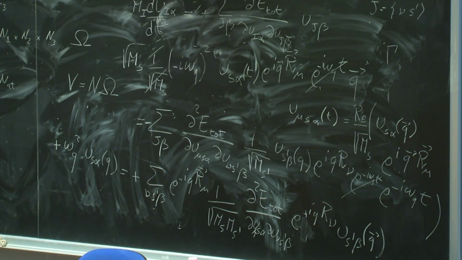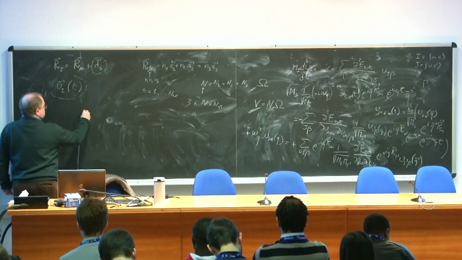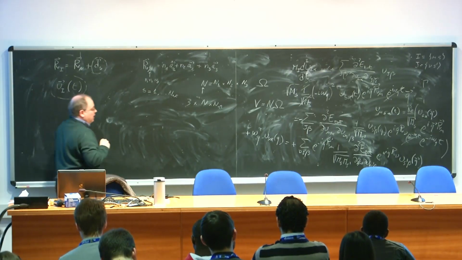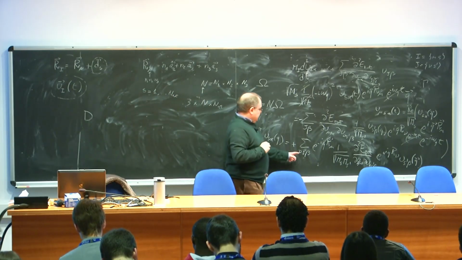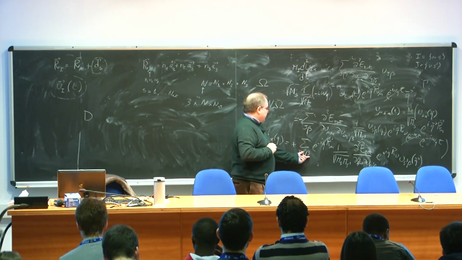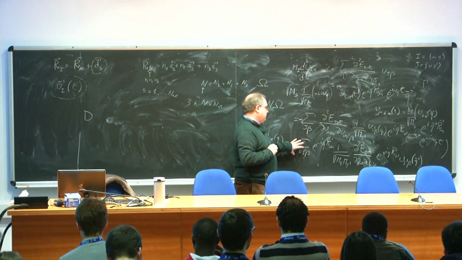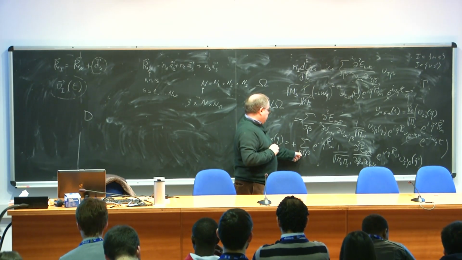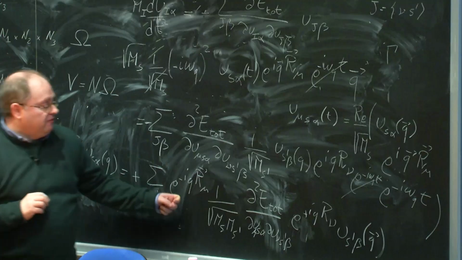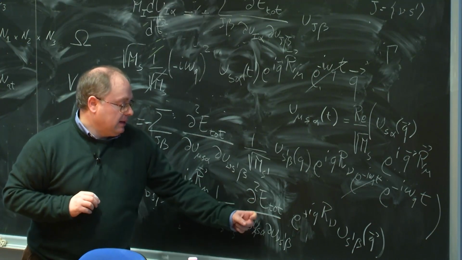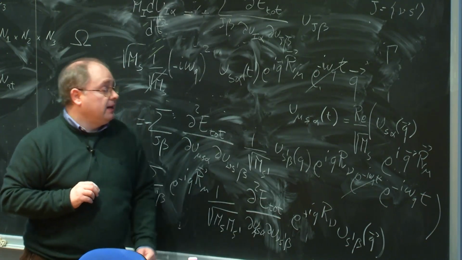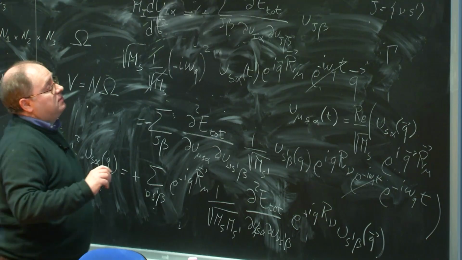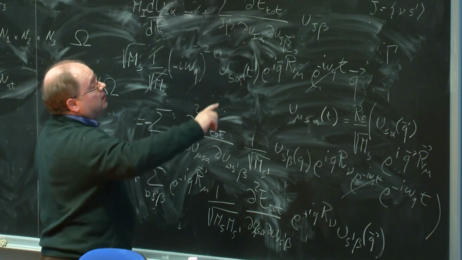So we can define the so-called dynamical matrix. The dynamical matrix of the solid is this. The sum over S prime and beta, we keep it here. And we sum over mu the phase factor and the second derivative of the energy. By the way, I have not said before, but maybe I have to say it.